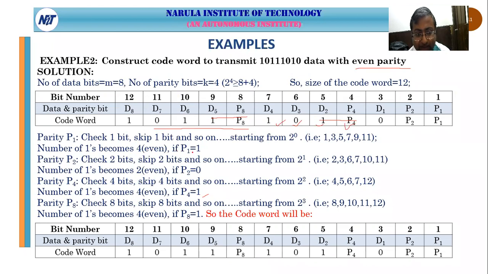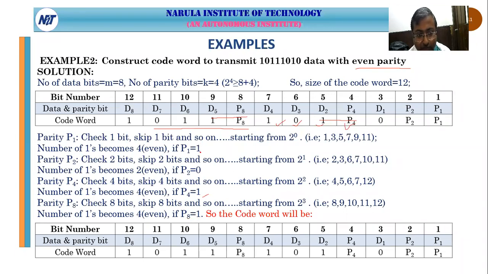It should be 4 if P1 is equal to 1. It should be 2, already even. So for this reason, P2 is equal to 0. Here this is 3. It should be 4. That means P4 should be 1. For P8, this is 3. It should be 4. So that means P8 should be 1.